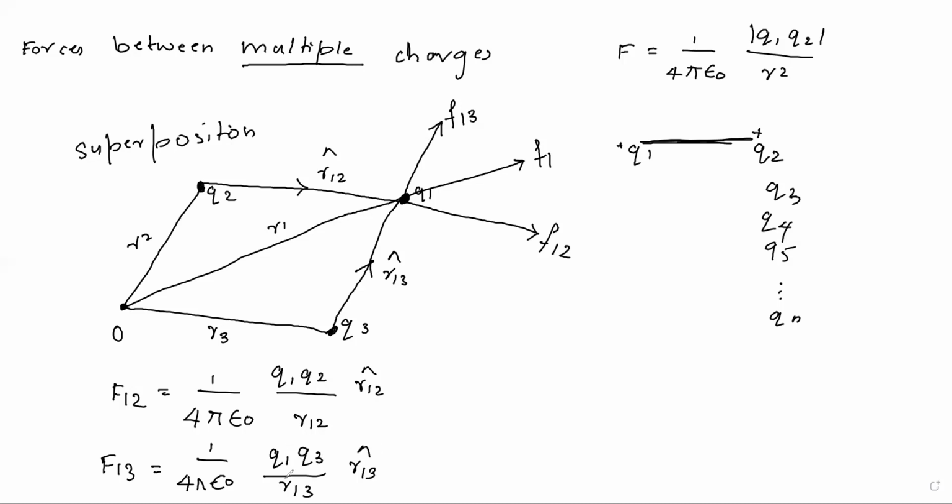If we consider Q4, the expression will be the same: F14 is 1 by 4 pi epsilon naught Q1 into Q4 divided by r14 squared into r14 hat. And if we go on till Qn, the expression will be F1n is equal to 1 by 4 pi epsilon naught Q1 into Qn divided by r1n squared into r1n hat.